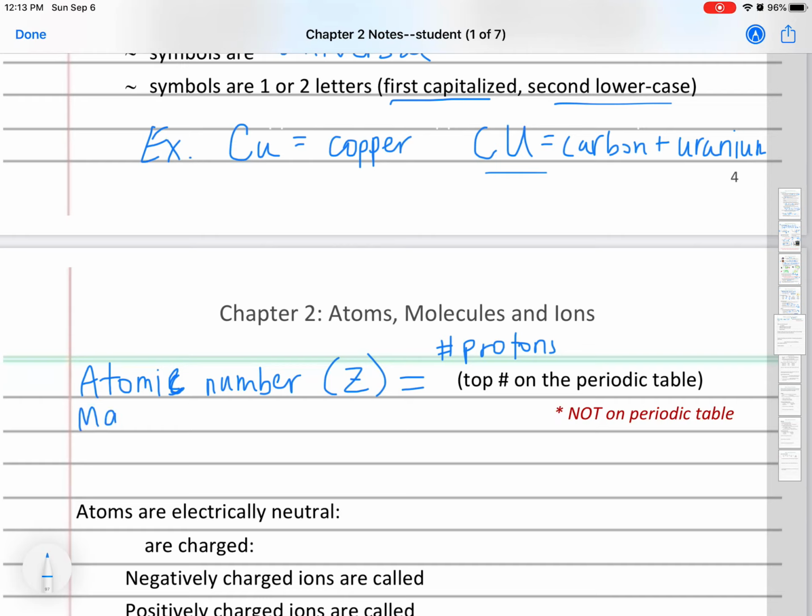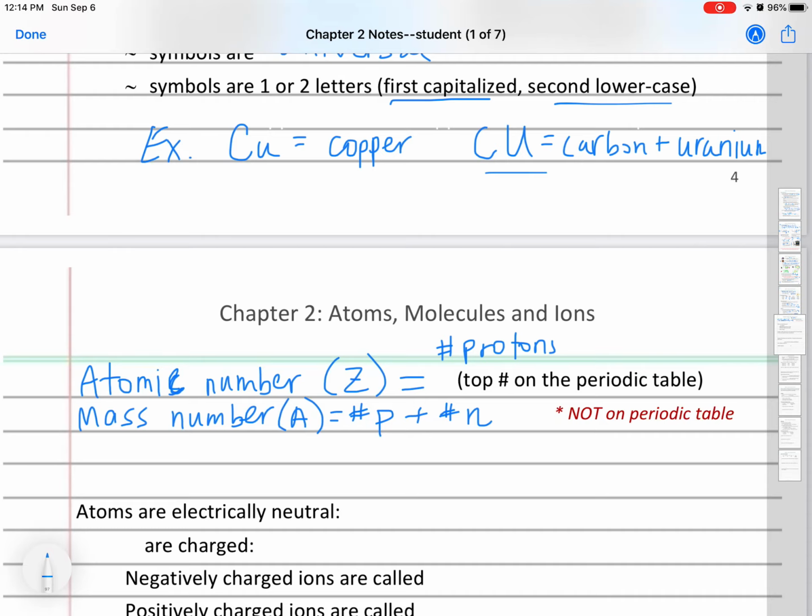Another number to know that's important for atoms is the mass number. The mass number is represented by the letter A. Again, I have no idea why A is the abbreviation for that. And it is the number of protons plus the number of neutrons.